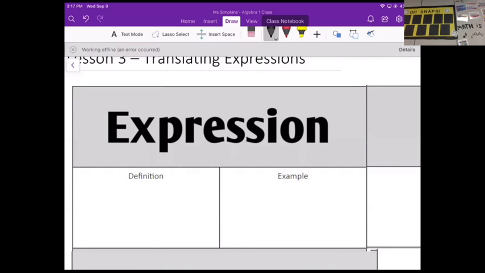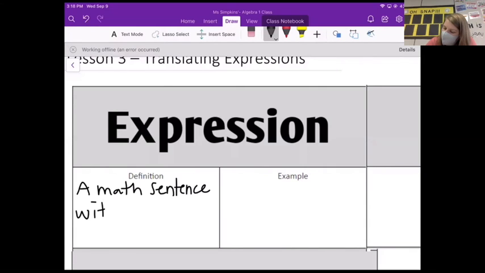So we kind of talked about, again, we got to take a few notes, I promise, not a lot. We talked about expression already, but just quickly, let's remember the definition. The definition of expression was a math sentence with no equal sign.